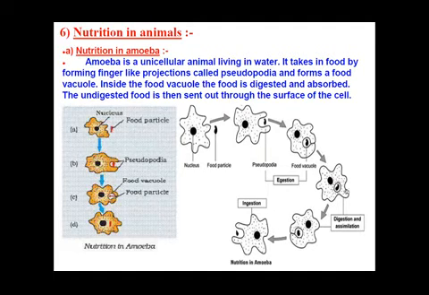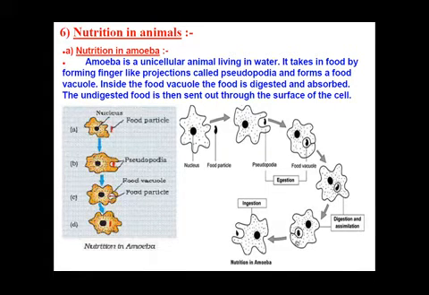This food vacuole is absorbed into the body of the amoeba, and then due to the presence of certain hydrolytic enzymes, the food present in this food vacuole is broken up, digested and assimilated into the body of the amoeba.